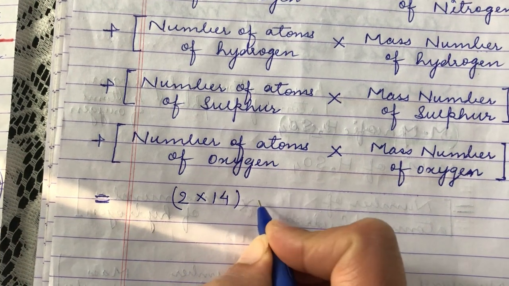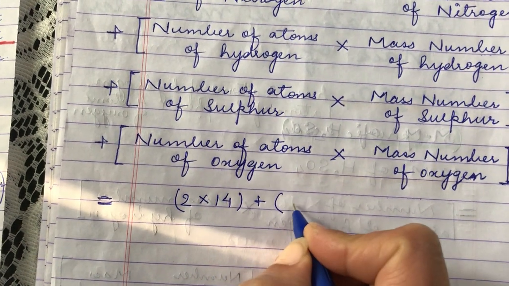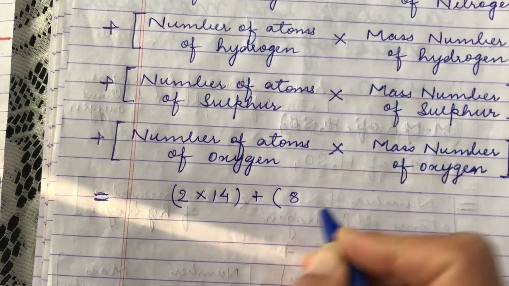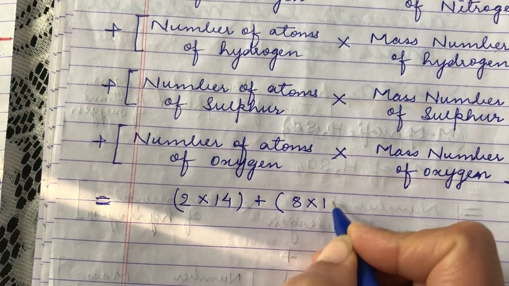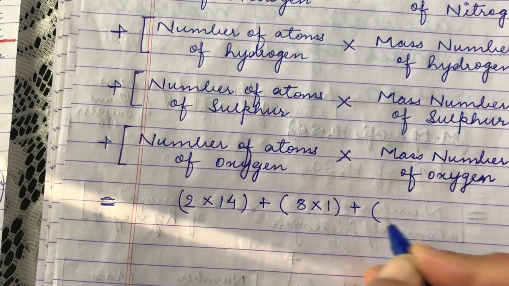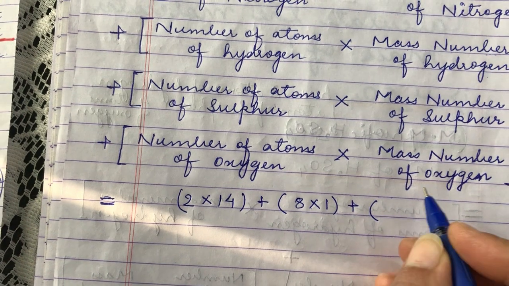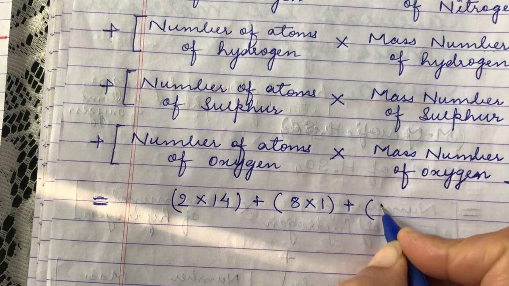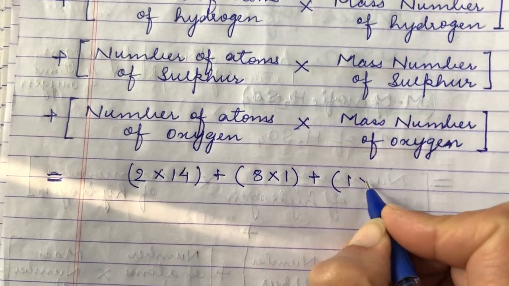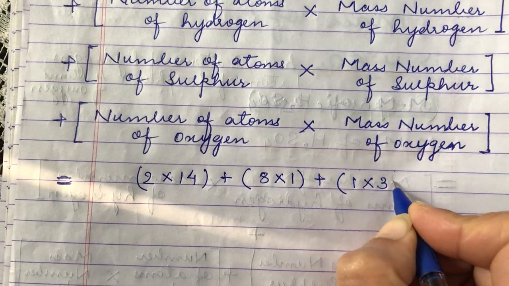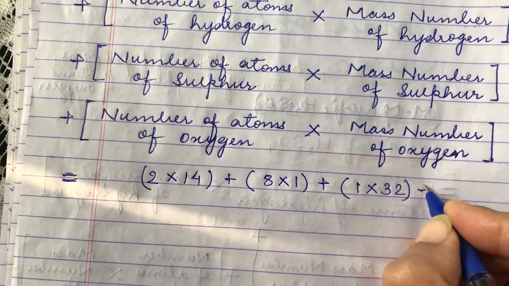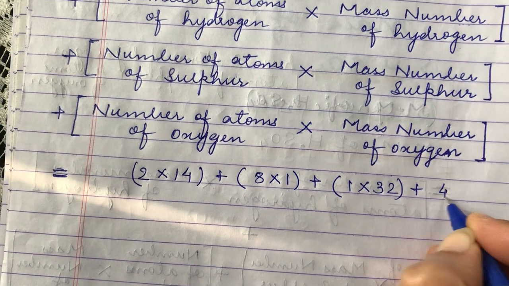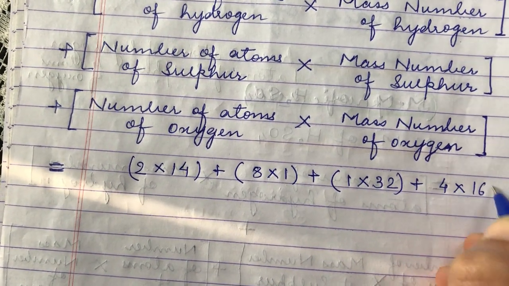2 multiplied by 14. The number of atoms of hydrogen are 8, multiplied by the mass of hydrogen, which is 1, plus the number of atoms of sulfur in the molecule of ammonium sulphate, which is 1, multiplied by the mass of sulfur, which is 32, plus the number of atoms of oxygen, which are 4, multiplied by 16.